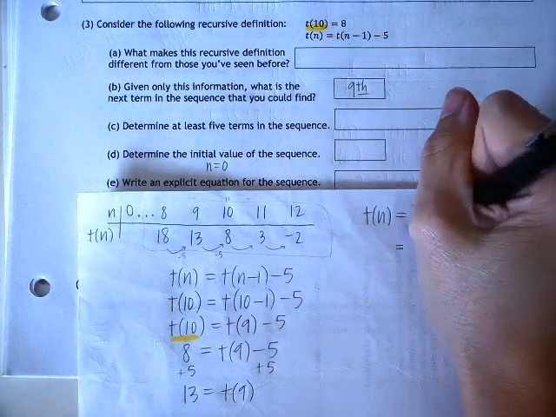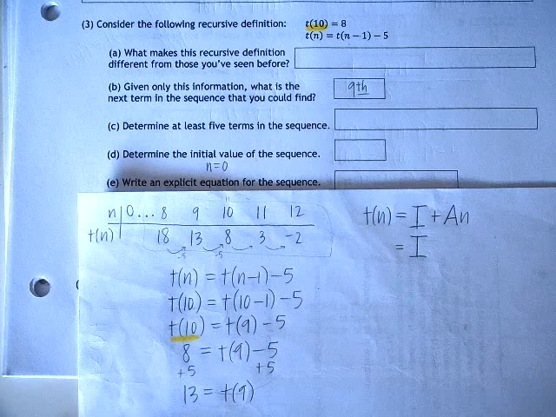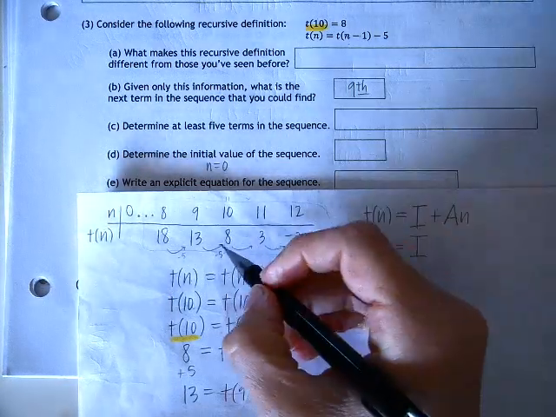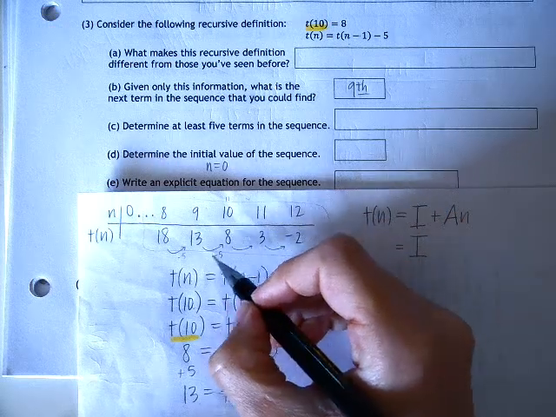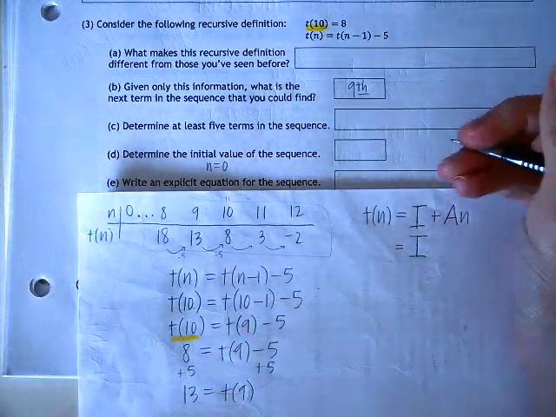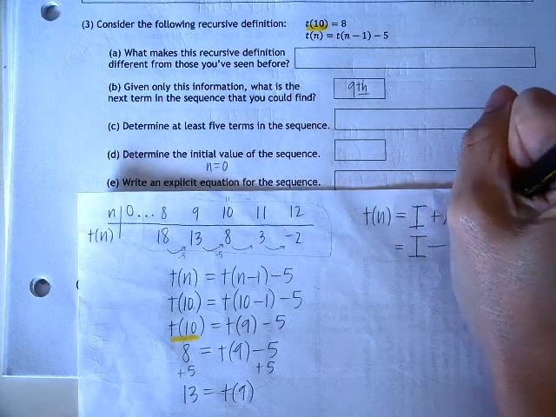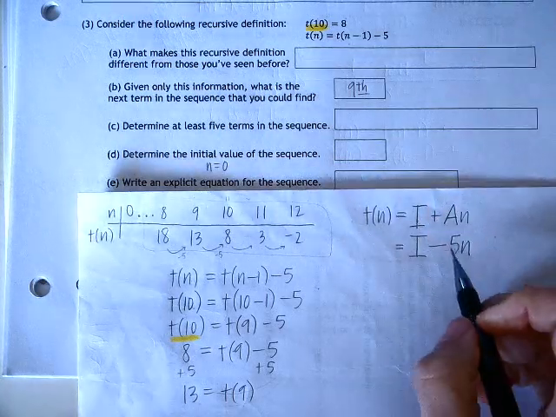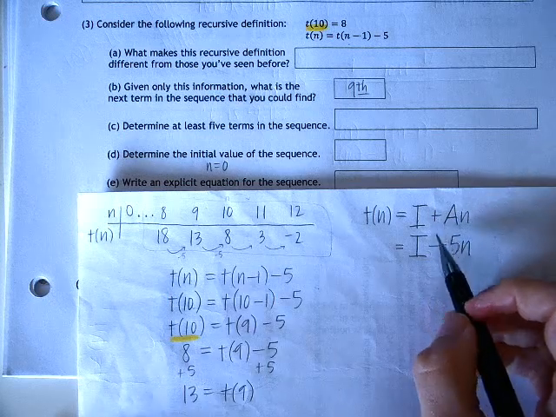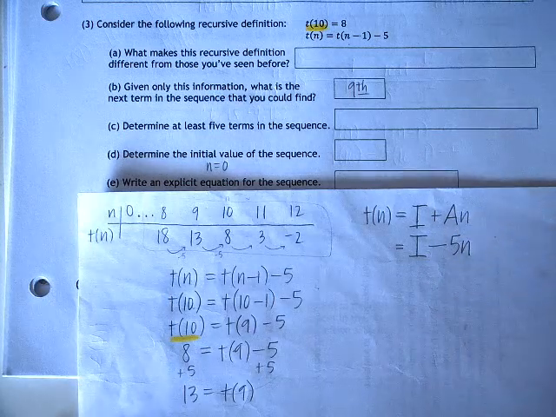I don't know the initial value. I'll call that the capital I, but I do know that the adder of this sequence is -5, because each term in the sequence is 5 less than the one before it. That's what we've been calling the adder this whole time. So I know that that A is really -5. The negative kind of trumps the positive plus sign, so that's why I'm using a minus sign there.